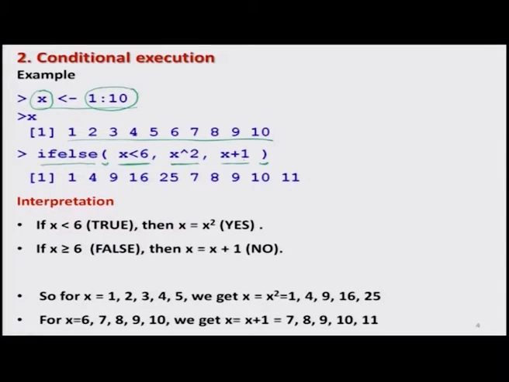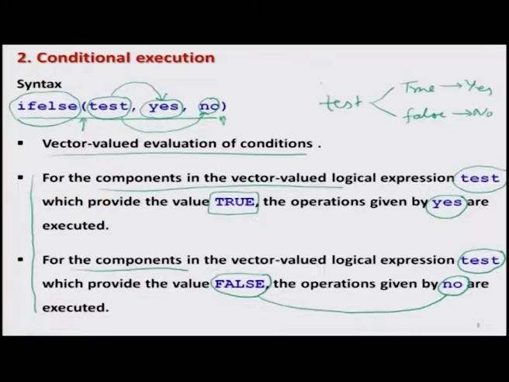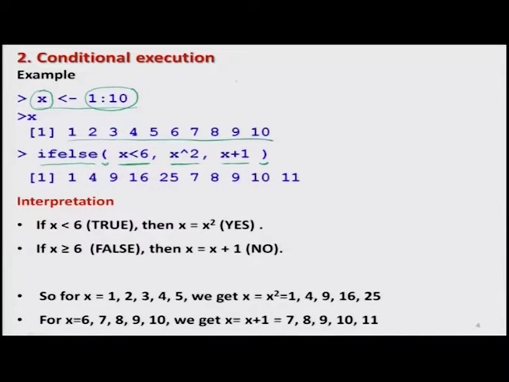Now, if you go by the rule, earlier I had written three things. Just for the sake of understanding, I am circling them: test, yes and no. Here, this becomes my test, this becomes my statement for yes, and this becomes my statement for no.